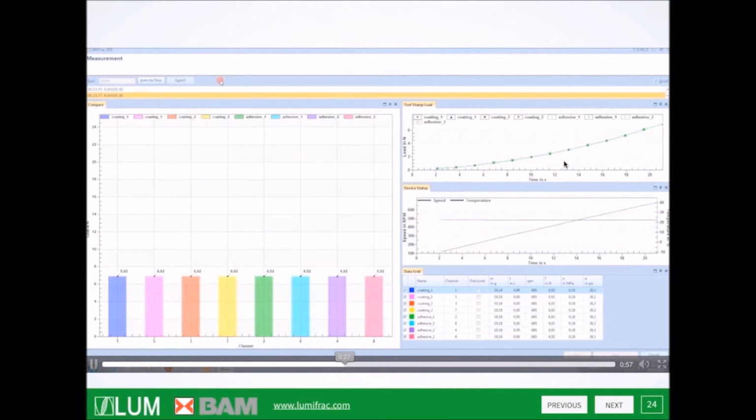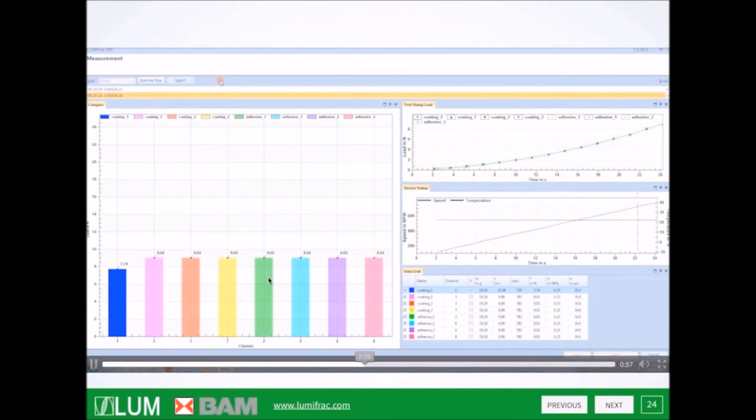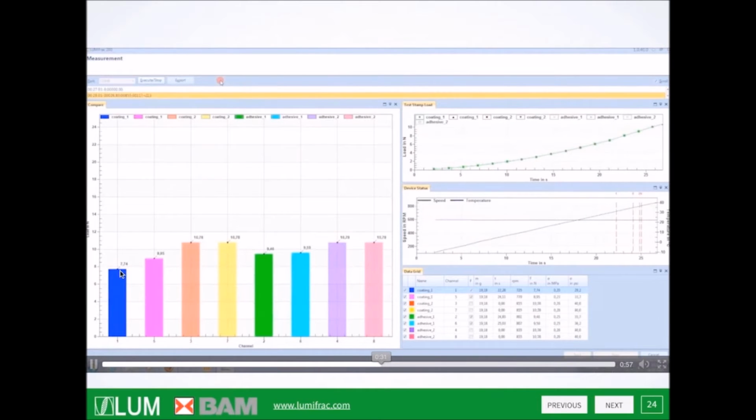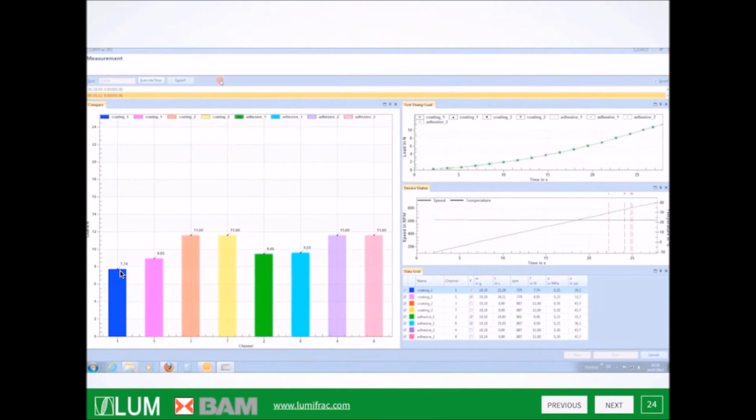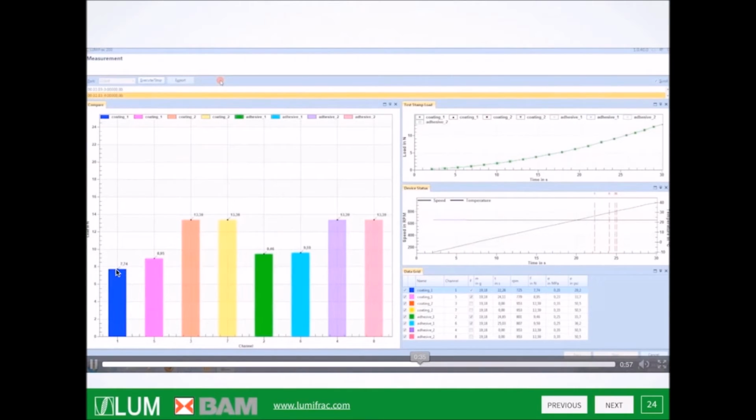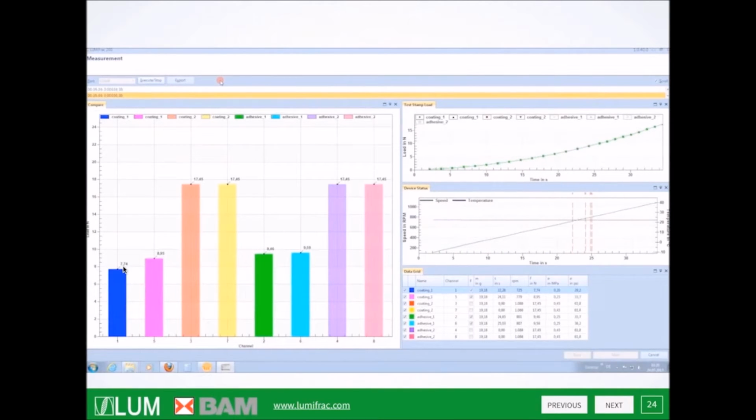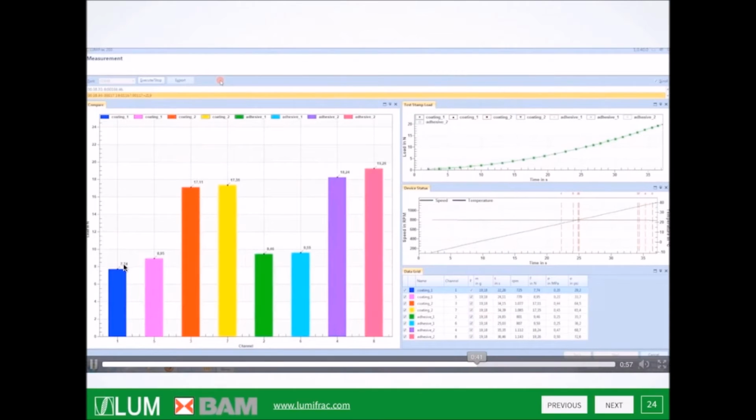Up to now nothing is happening, but now the first failure was detected and the column stops, and you have immediately indicated here the critical load. What you can see clearly now is that these are less stable, the strengths are much lower than for these.